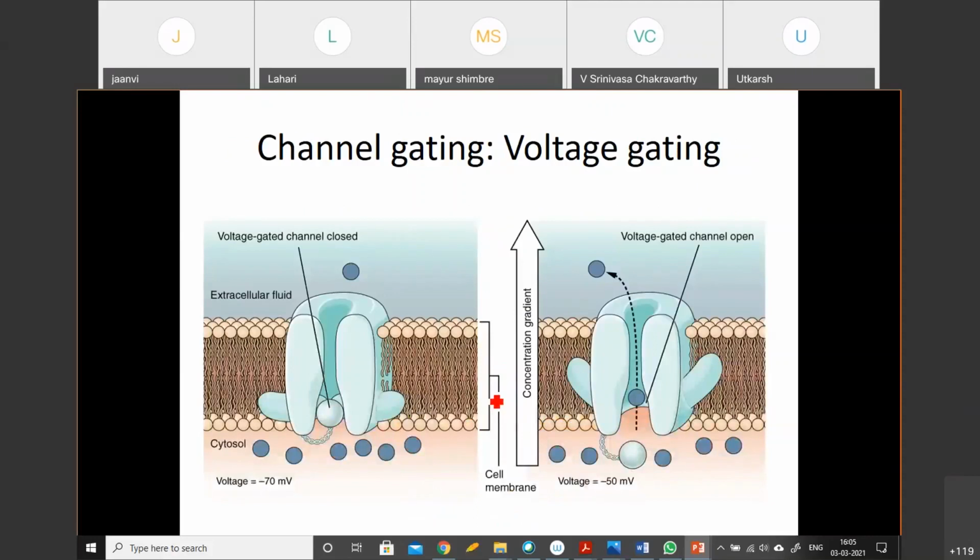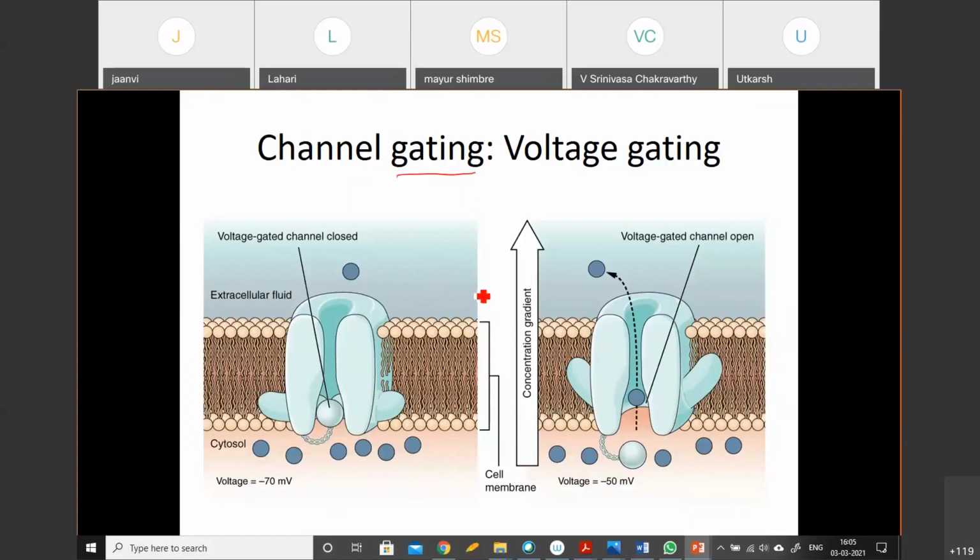This opening and closing dynamics of an ion channel can be controlled by many different factors. This control of the open-close states of an ion channel is called gating, because the ion channel acts like a gate. Controlling the gate is called gating.